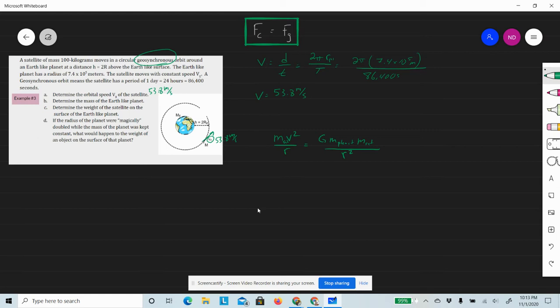So this is really 3r, or 3 times the radius of the Earth. So here the separation of objects: you've got the radius of the planet, plus a radius there, plus a radius there, 3r.